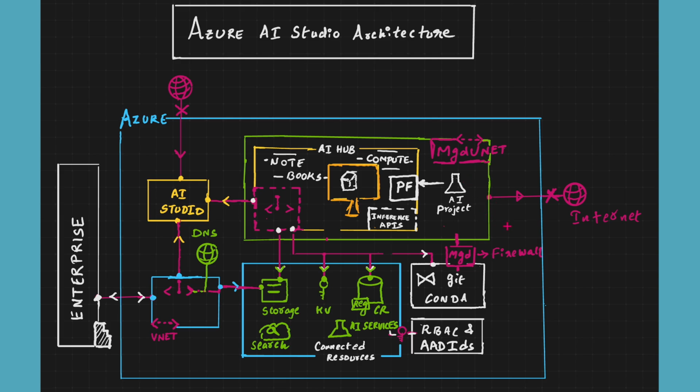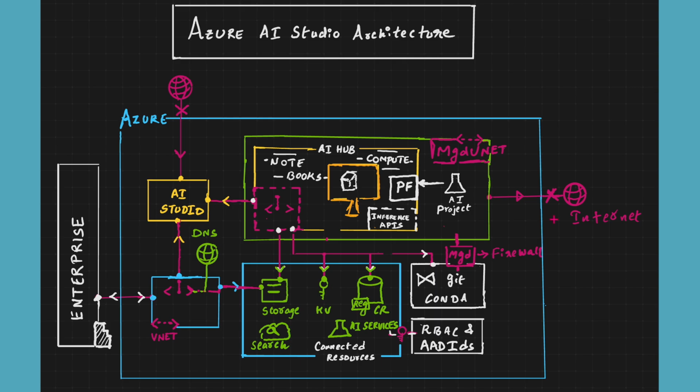You can, but I wouldn't go that far, just because this managed firewall costs money because Microsoft manages that firewall. You can allow outbound access to the internet, and many companies will not have a problem. But nevertheless, you have both options, and you can isolate everything, and you can even block outbound and therefore manage connectivity to such components as Git and Conda using the managed firewall, which we maintain because it's a managed VNet.